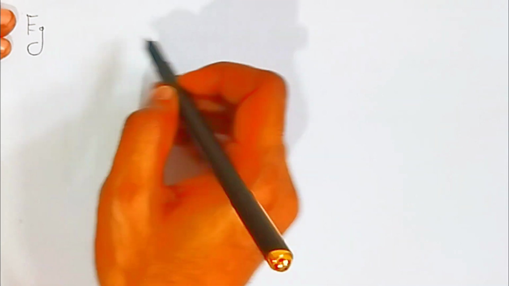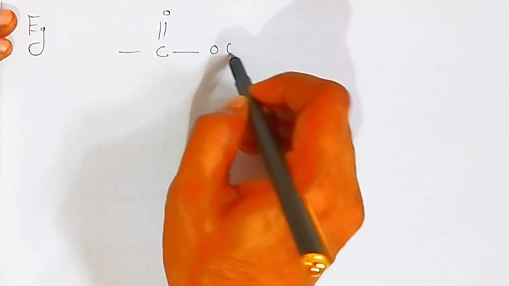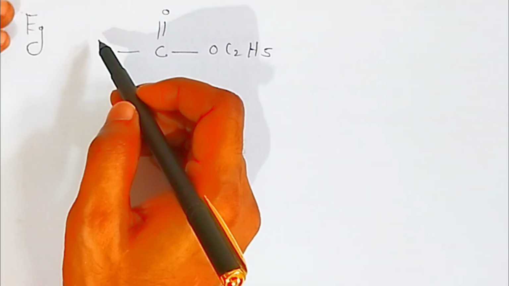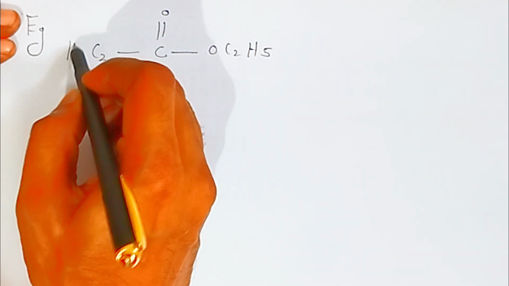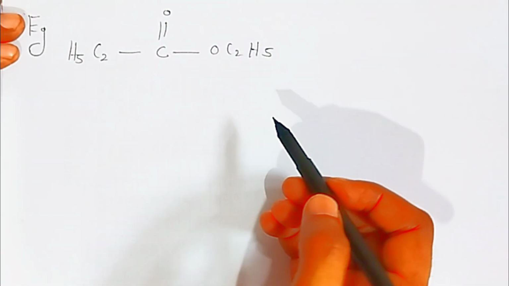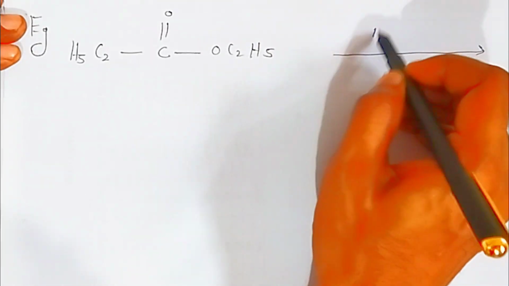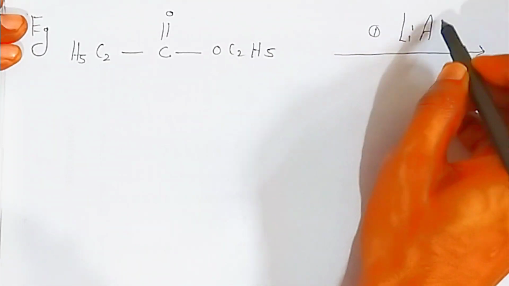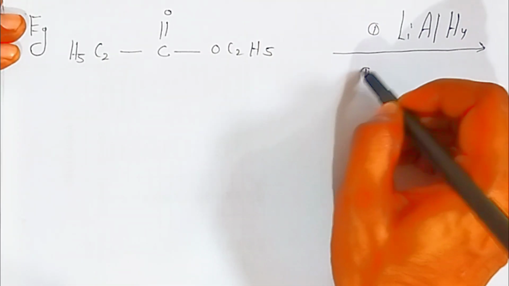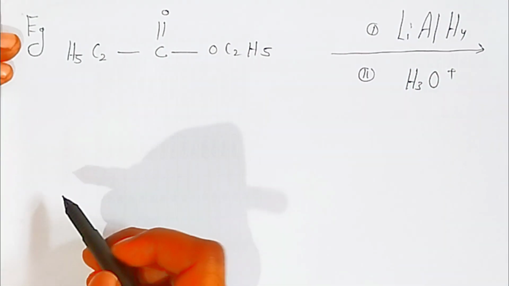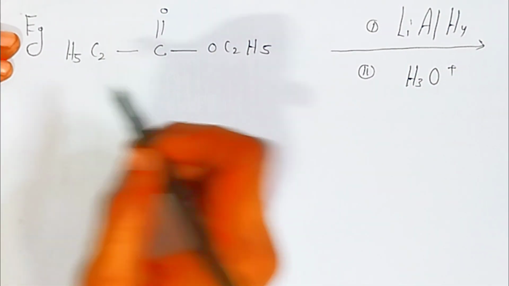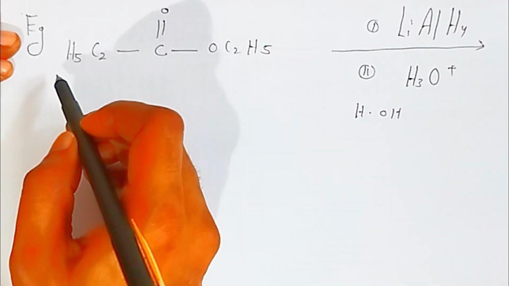Example: here in the ester, on this side there is an alkoxy group, the ethoxy group I have taken, and here it is ethyl, C2H5. Now what happens in the presence of lithium aluminum hydride and acidic water, HOH?